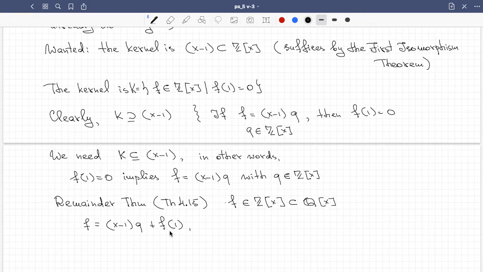The value at 1 is 0 for the polynomials we consider.